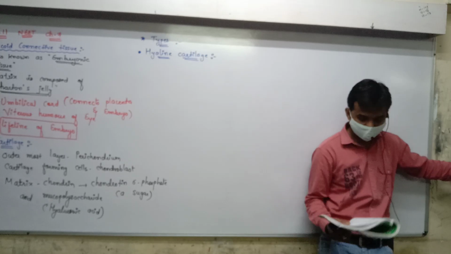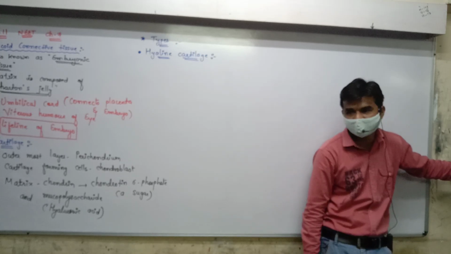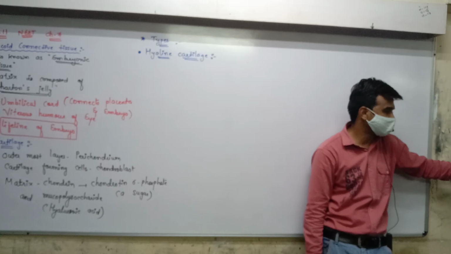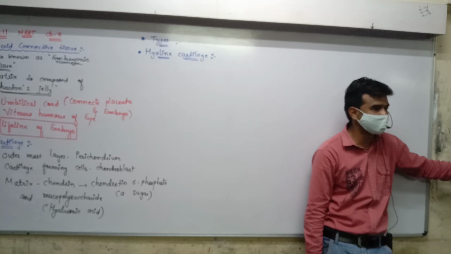Okay. So next point, calcified cartilage. Third: first is hyaline, second fibrous, and third is calcified cartilage.